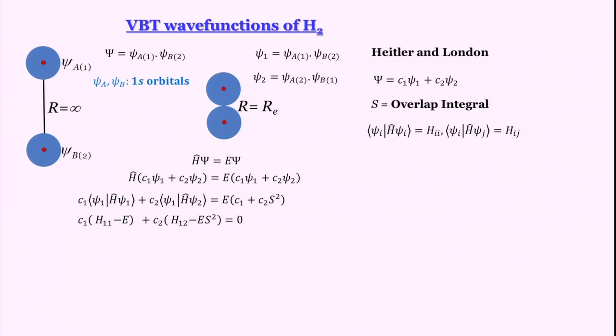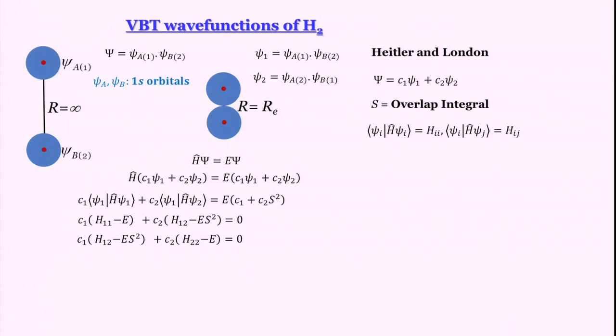Simple, start from here once again, H operating on C1 psi 1 plus C2 psi 2 equal to E multiplied by C1 psi 1 plus C2 psi 2. In order to get to this equation, we had left multiplied by psi 1 and integrated. Now, just left multiply by psi 2 and integrate, we will get another equation, and I encourage you to work it out yourself exactly the same way as what we have done so far, and this is what you get.